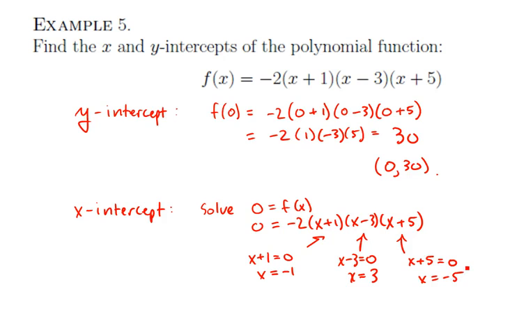And so these are the x coordinates of our three x-intercepts. Minus 1, 0, 3, 0, and minus 5, 0.